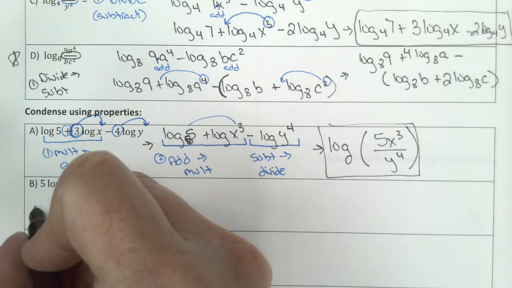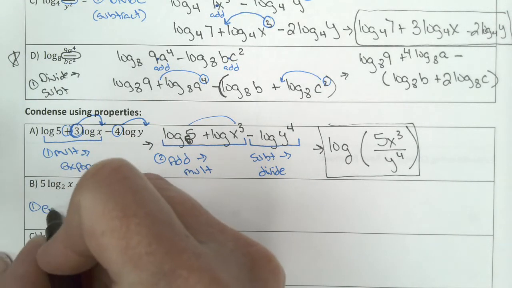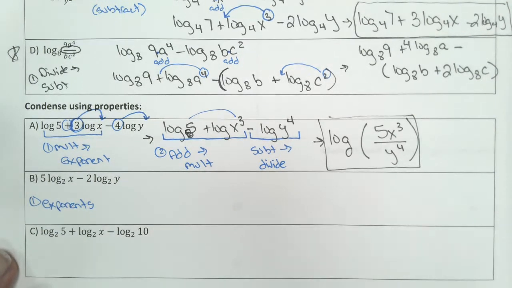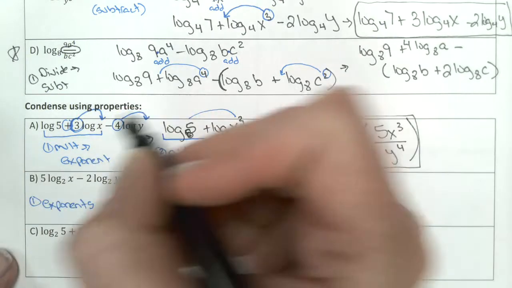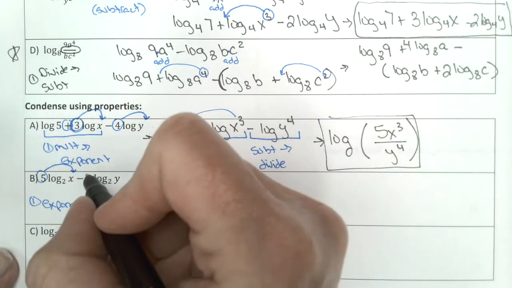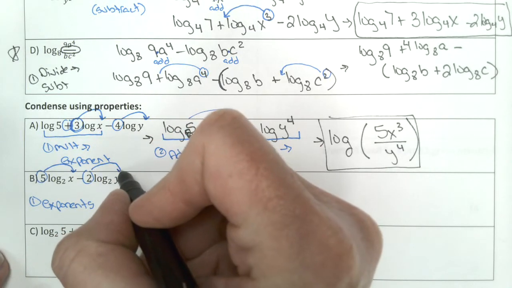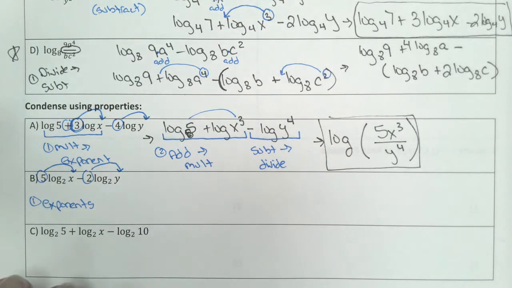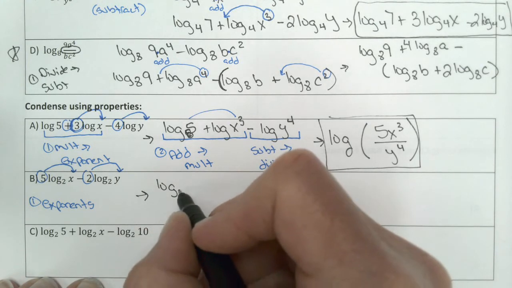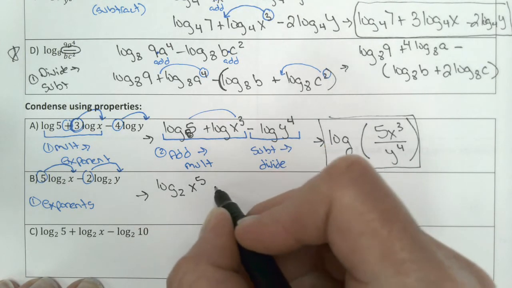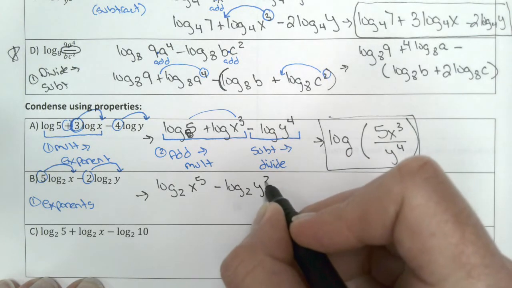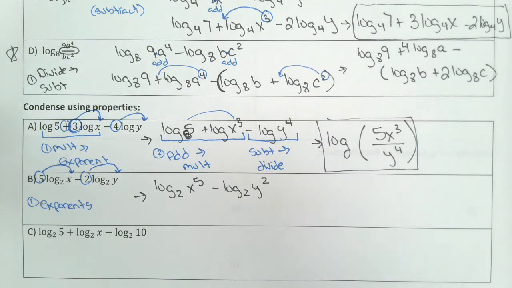All right, so step number 1, I generally take care of my exponent. So anytime you see a number out in front of the log, we're going to move it back to your exponent position. So I have log base 2 of x to the fifth minus log base 2 of y to the second.